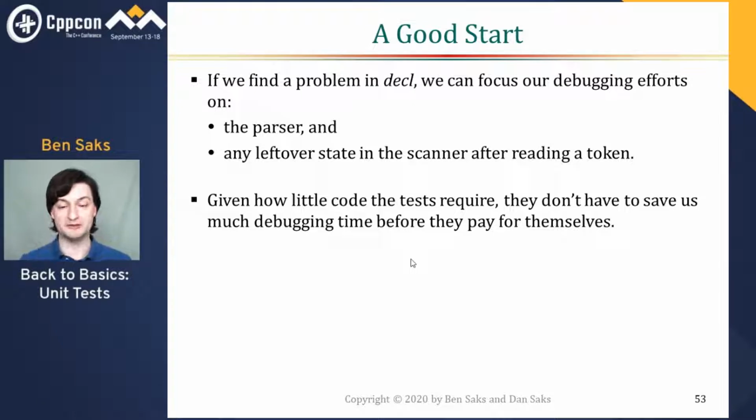So in this case, we'd be able to focus our debugging efforts on the parser. We haven't tested that yet, so the problem could be there. Or it's possible that the scanner has some leftover state information in it after reading a token, and that for multi-token input, because we haven't tested that yet, that might be a thing that throws off the DECL program. But for what we've got, that's not a bad start.